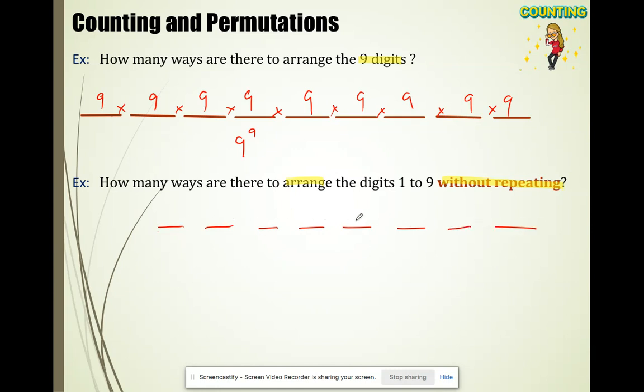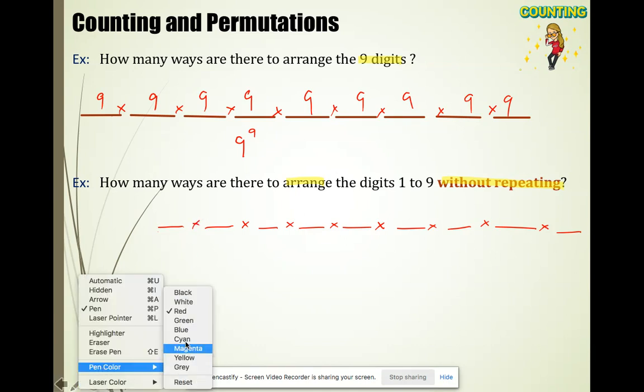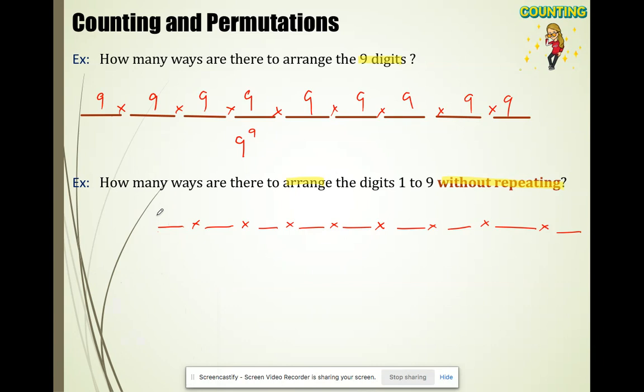I'm still going to multiply. So I'm still using the multiplication principle of counting. But how many ways can I perform the first one? In here, I can put 1, 2, 3, 4, 5, 6, 7, 8, or 9. But if I'm not allowed to repeat, how many choices do I have now? And then now.